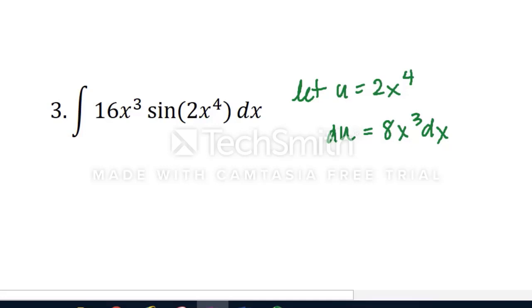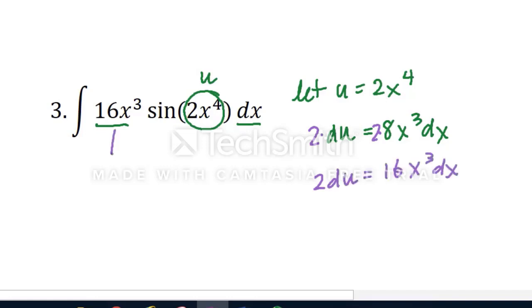So now we have to make it match. We have 16x cubed dx's, and there's only 8x cubed dx's in my du. This is u, so that's handy. But how can we adjust du to make it match what we have in the integrand? Multiply by 2. Multiply by 2, and that's fair, right? This is a standard equation, so if we just operate on the basis of linear equations, multiply both sides by 2, we find that 2 du's are worth 16x cubed dx's.